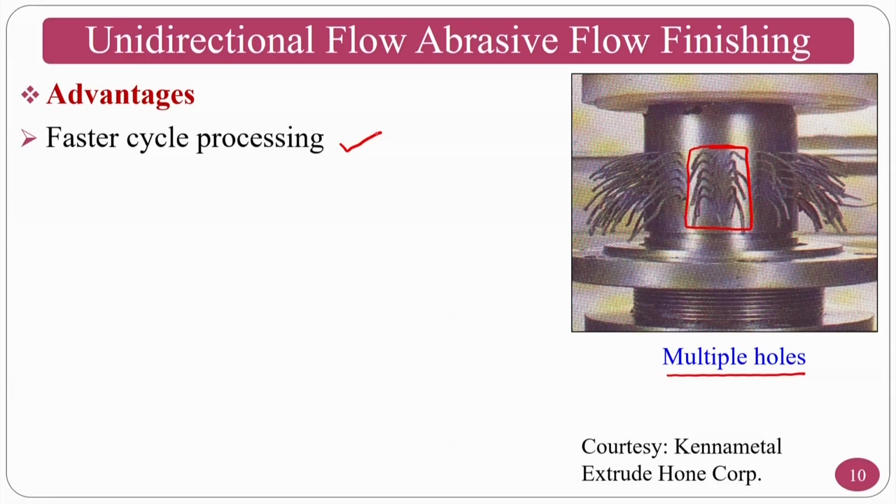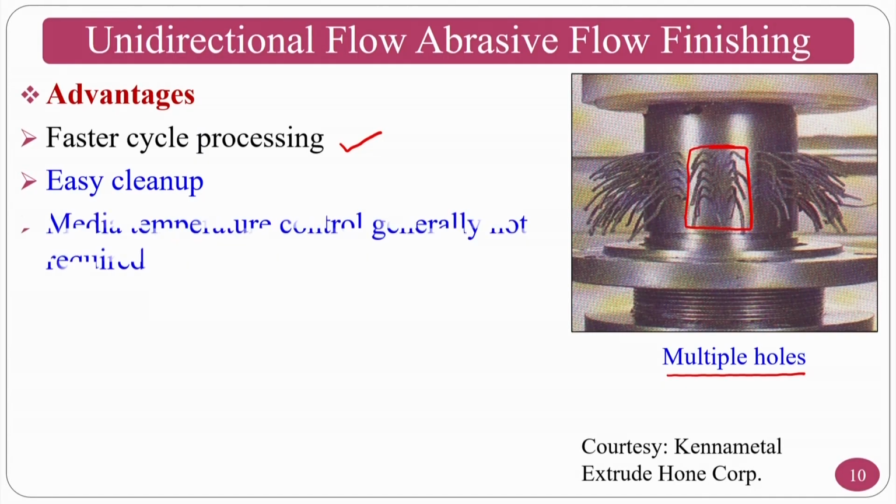The advantage of this process is faster cycle processing and easy cleanup because it is external. So, even an inexperienced person can collect it. There is no need for a highly expert person whose pay would be very high. Normal persons can easily clean up.